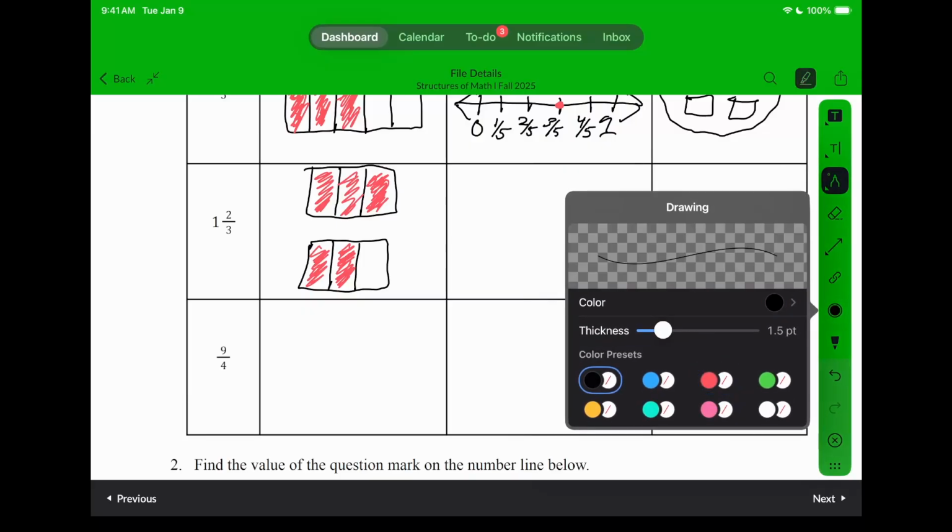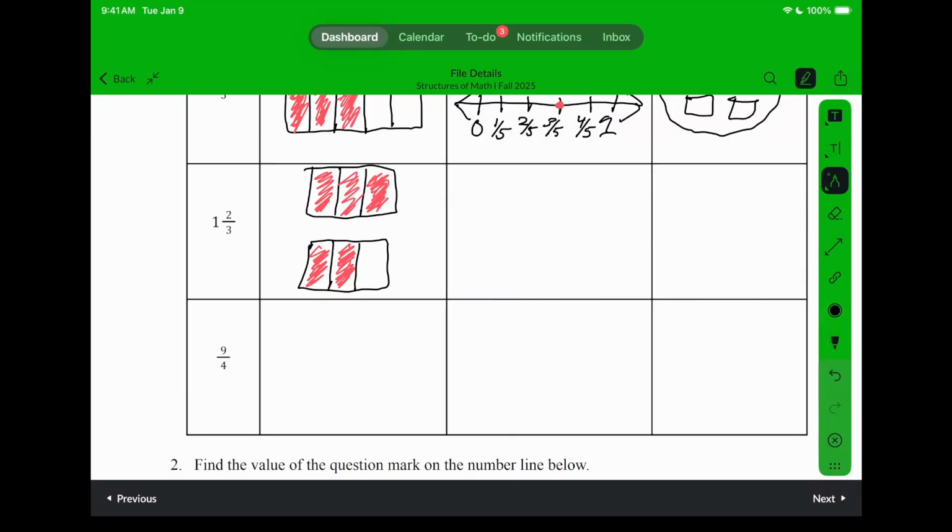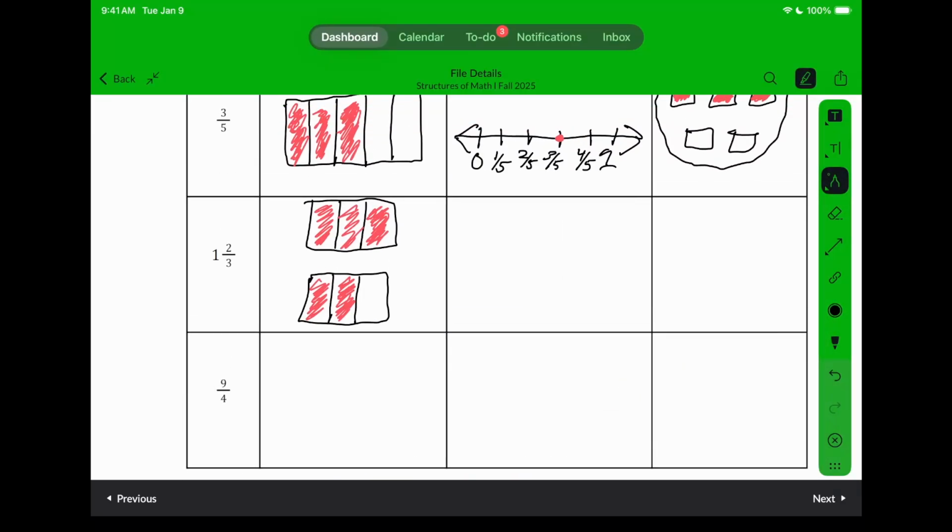When we do our number line, the number line doesn't have to start at 0. It can start anywhere we want it to, really. So if I wanted to, I could start it at 1 and end it at 2 and then plot our point. Or, just to show, I could start at 0 and end at 2.